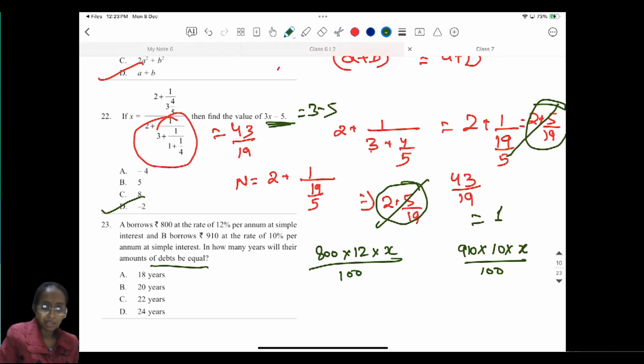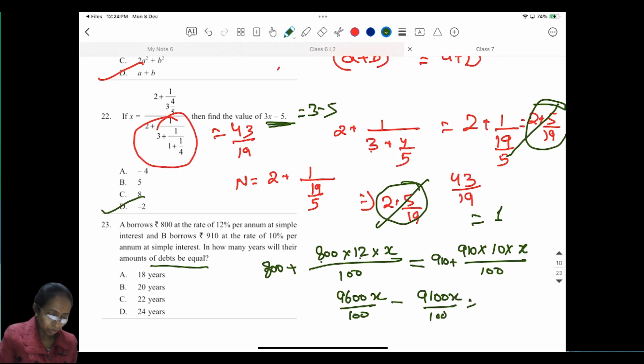Now amounts of debts being equal means 800 plus this interest should be equal to 910 plus the other interest. Their amounts should be equal. Now we can simplify it. This is giving us 800 plus 12x by 100 minus 10x by 100 is equal to 910 minus 800.